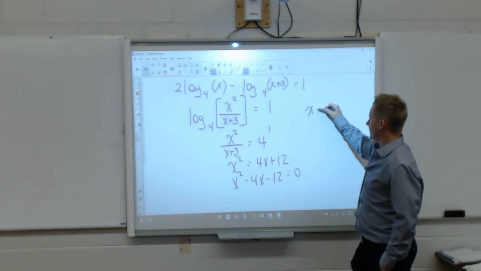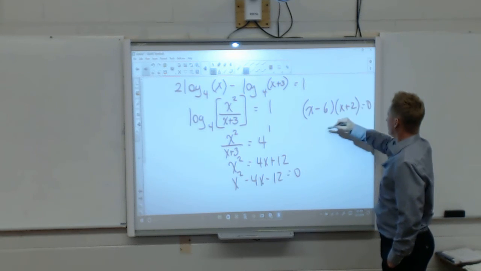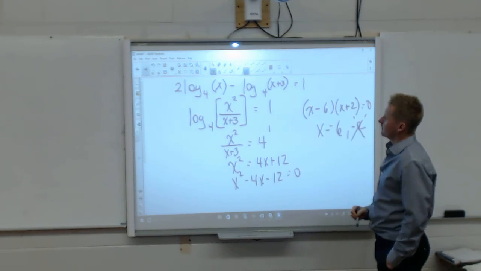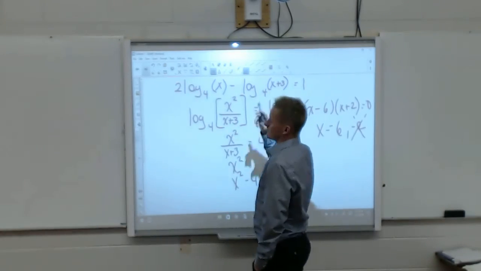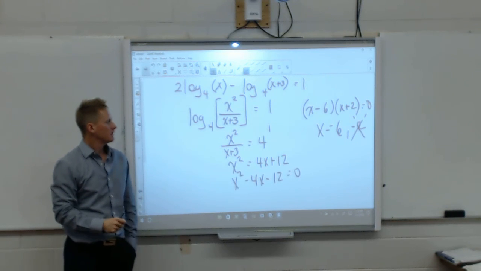Alright, so then this one would be x minus 6, x plus 2 equals 0, x is equal to 6 and negative 2. You can't have a negative. And then if I put 6 in here and 6 in here, I'd have to check it to see if it still works, but it does.